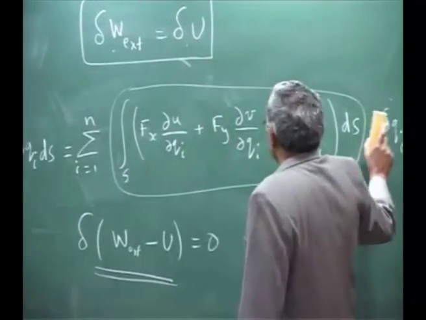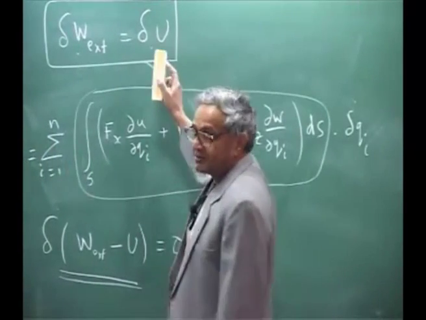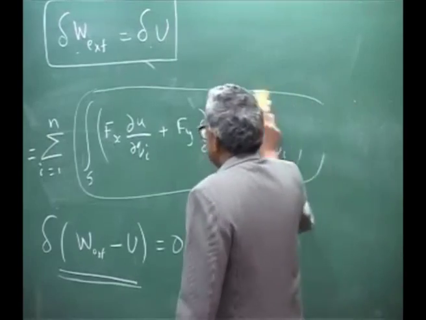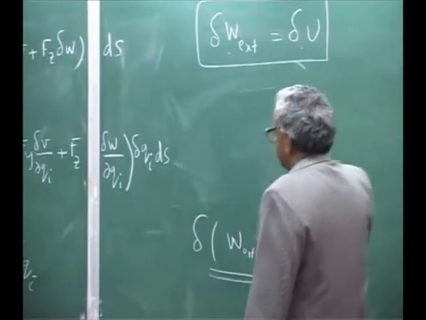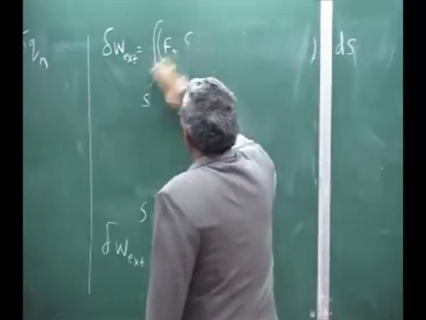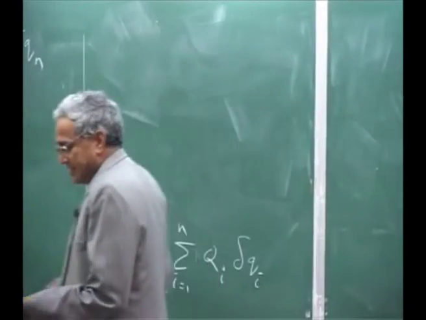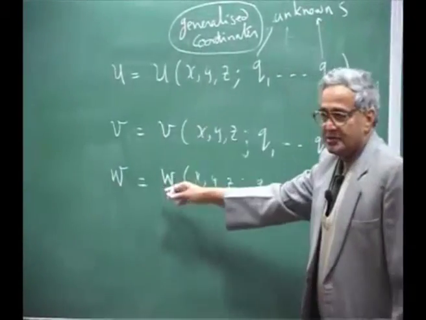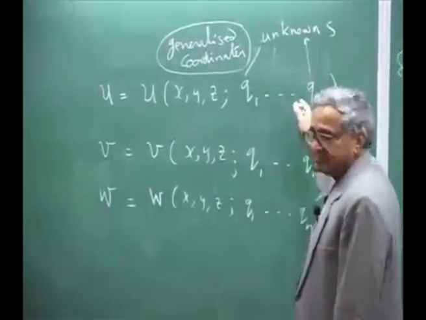Now let me erase this portion. You have to get now the expression for U. Because here also it is very simple, because U, V, W are actual displacements, so virtual displacements are functions of these.